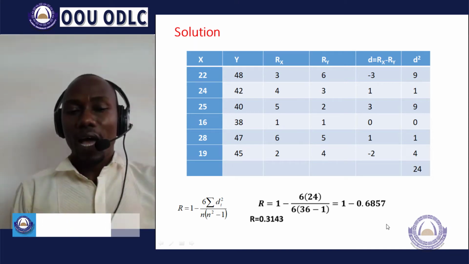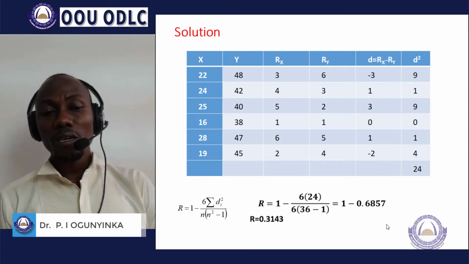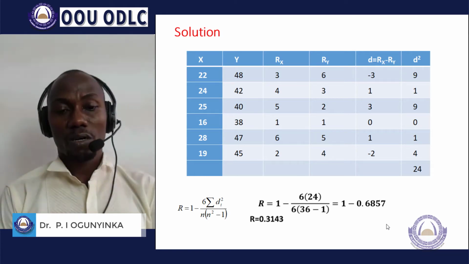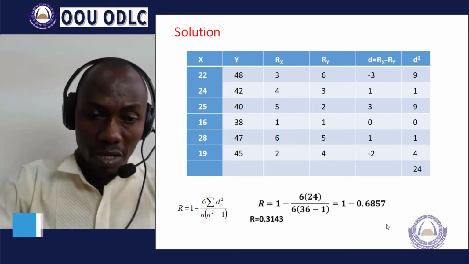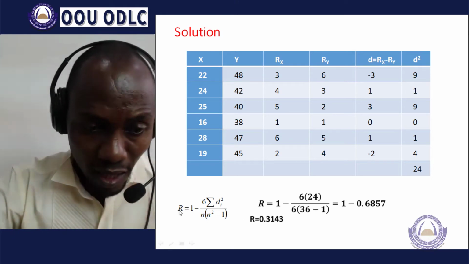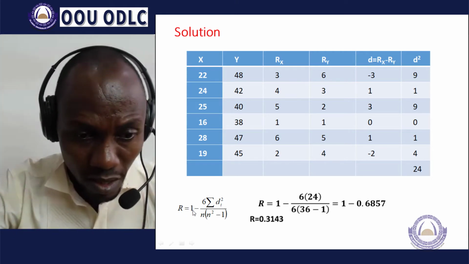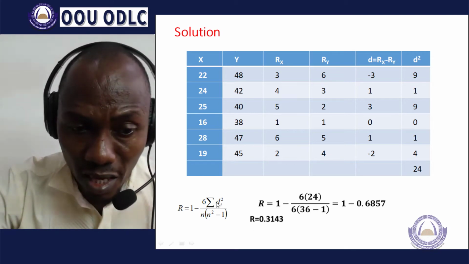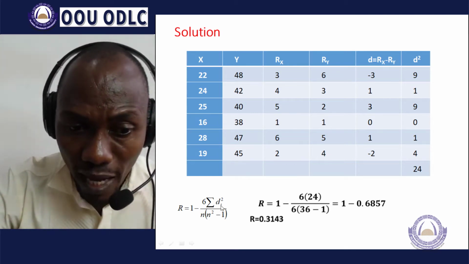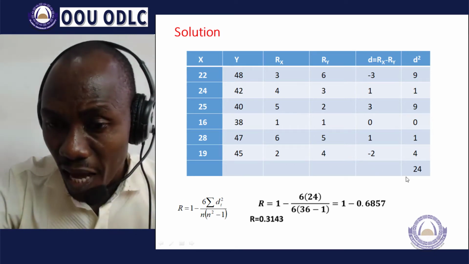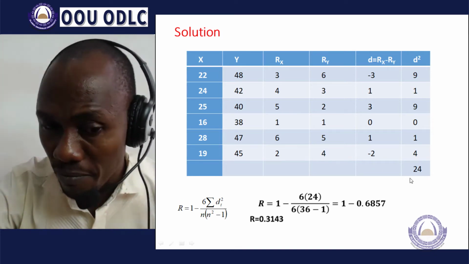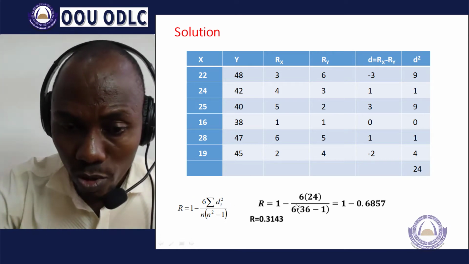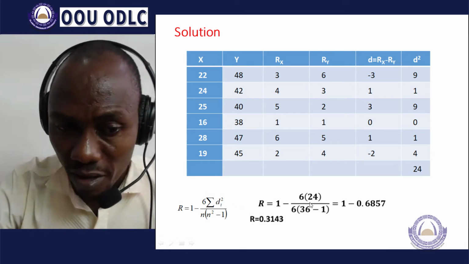Finally, we substitute into the formula of Spearman's rank correlation coefficient, R equals 1 minus 6, times the summation of D squared, which has been obtained as 24. Here, you substitute for this summation to be 24.